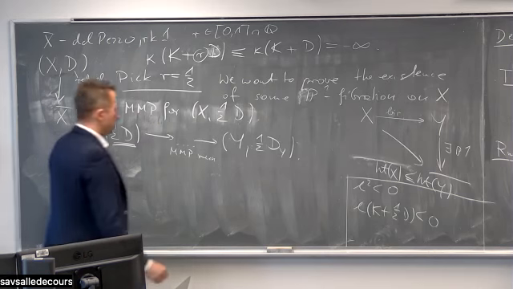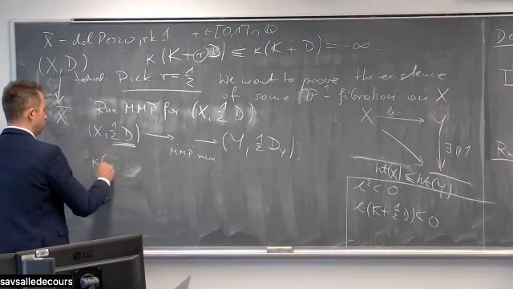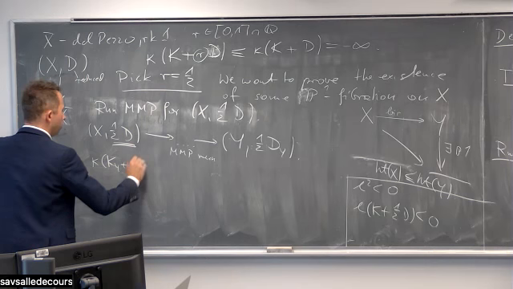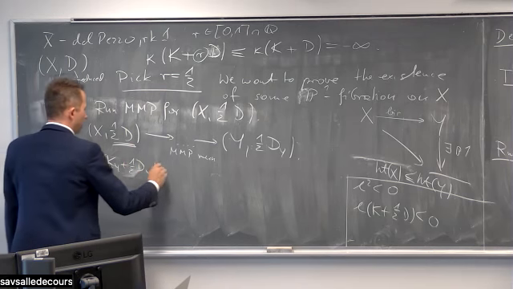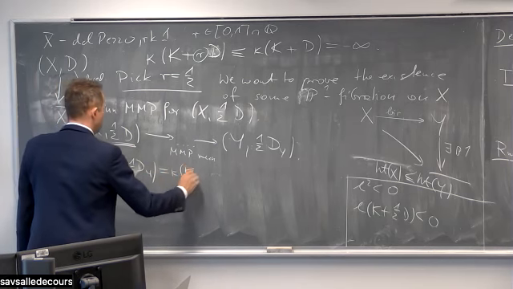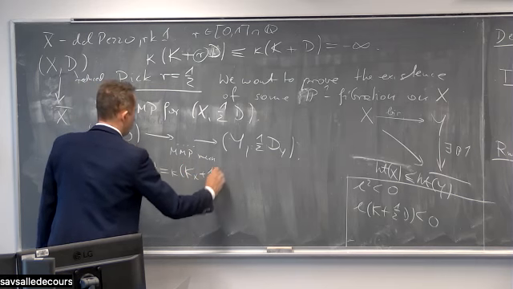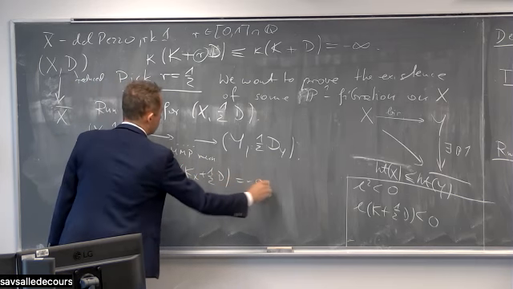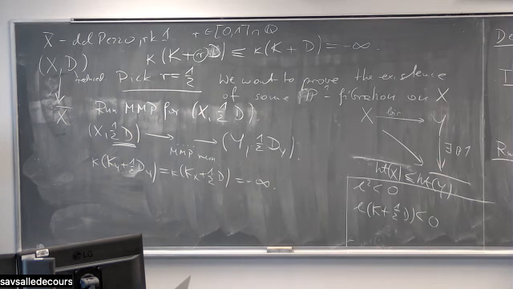Fine, and so I know that the Kodaira dimension of Y plus half of the boundary is the same as the Kodaira dimension of X plus half of the boundary, and this was already known to be negative.